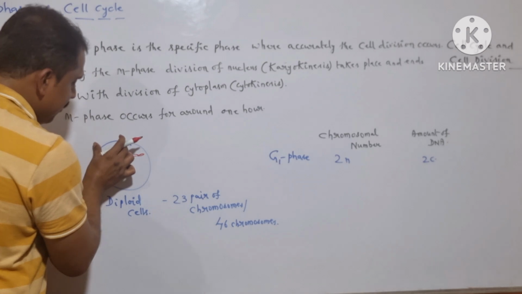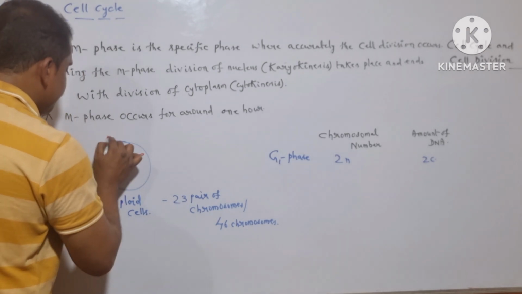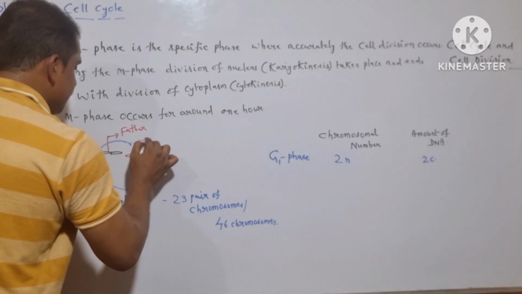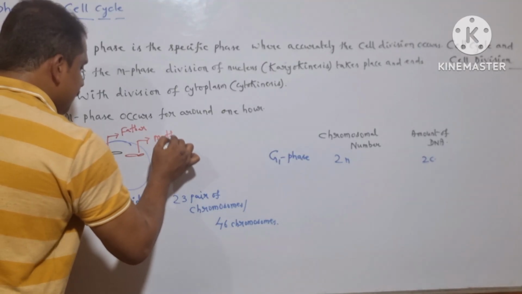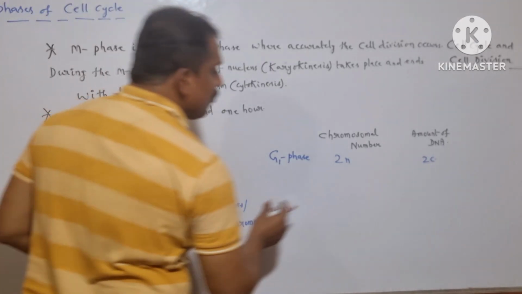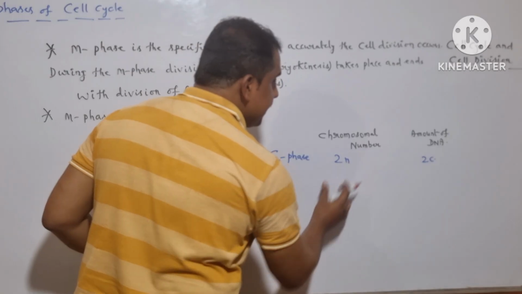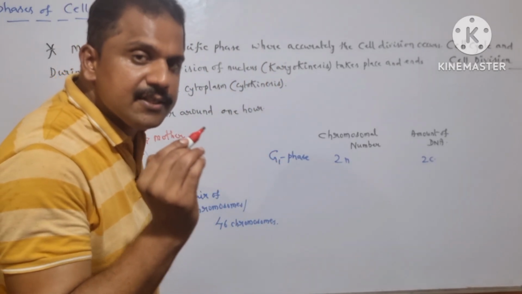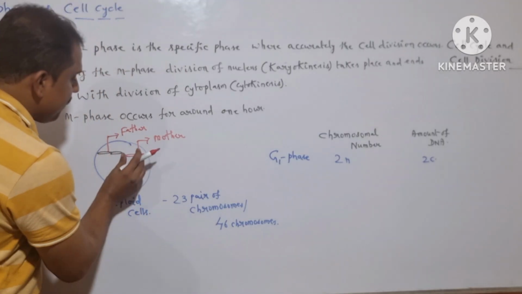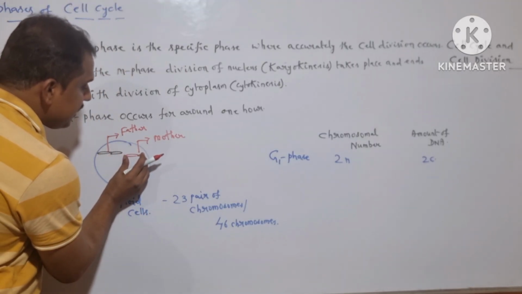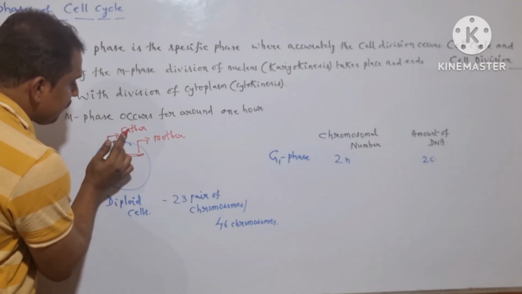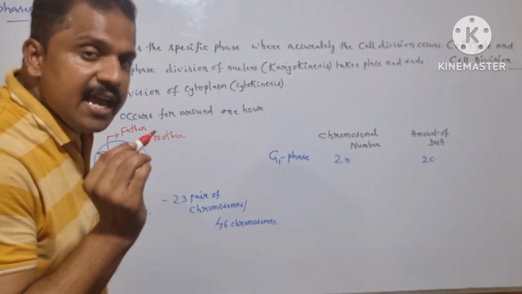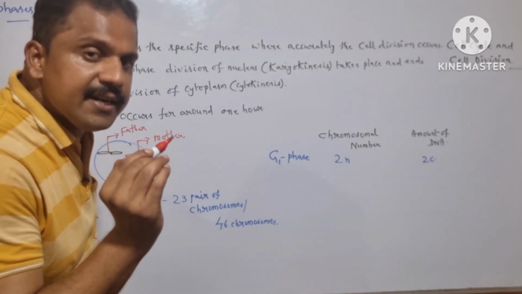So that is why the chromosomal number is indicated as 2n. Then why is the amount of DNA indicated as 2c? Because from the mother chromosome, one DNA sequence is available, and from the father chromosome, one DNA sequence is available. So the amount of DNA is indicated as 2c.